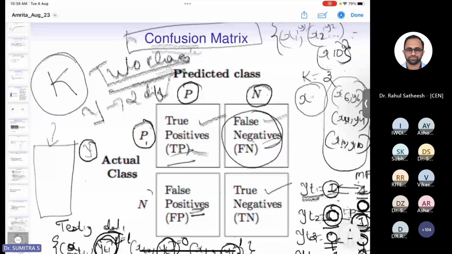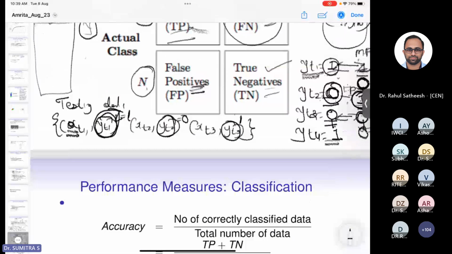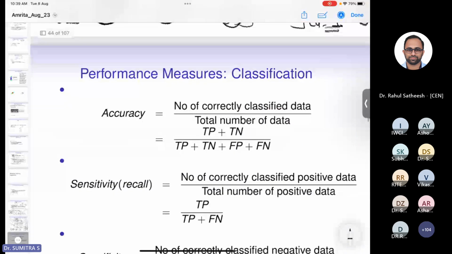If the data belongs to the negative class but the model says positive, that is a false positive. If the data belongs to the negative class and the model says negative, it is a true negative.